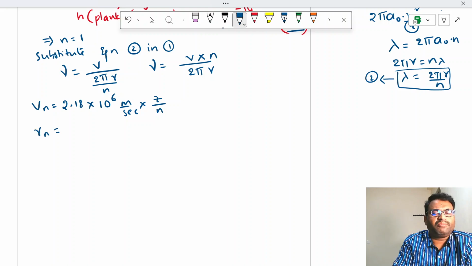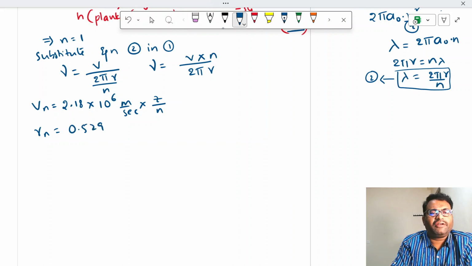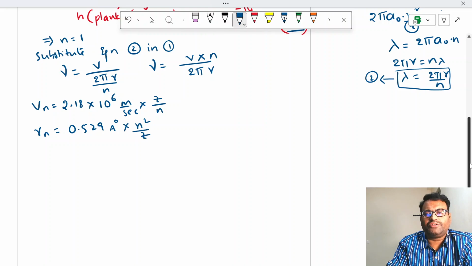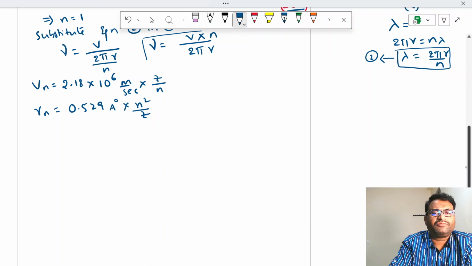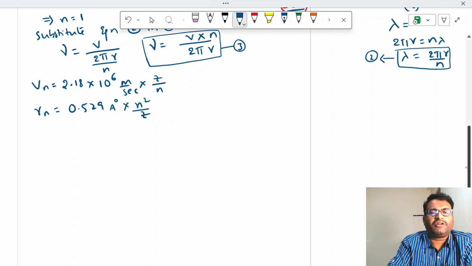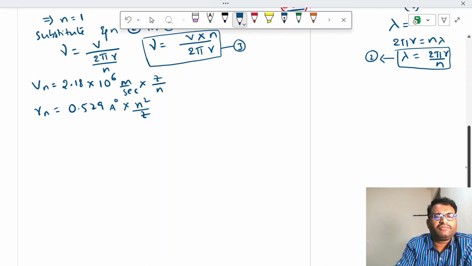And the radius of the nth orbit is equal to 0.529 angstrom units into n square by z. Let us substitute these in this formula, expression number 3.